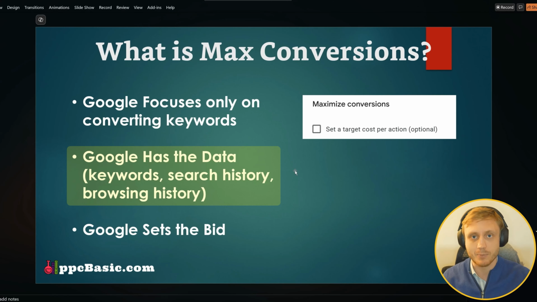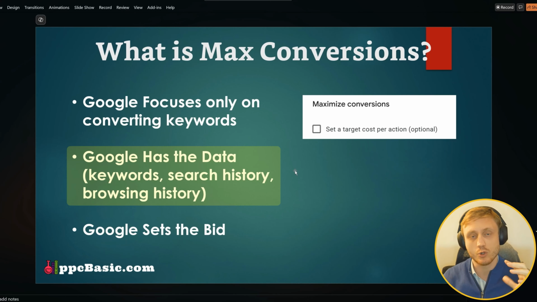To give you an example, pest control, if the person is simply typing pest control, they might not be the top converting individual for what your ads should be showing on. But if they're writing pest control into Google, as well as they've looked at other websites related to pest control, as well as they maybe gone on Amazon for products related to pest control, or natural solutions or treatments related to pest control, then Google puts them into the highest probability of converting.